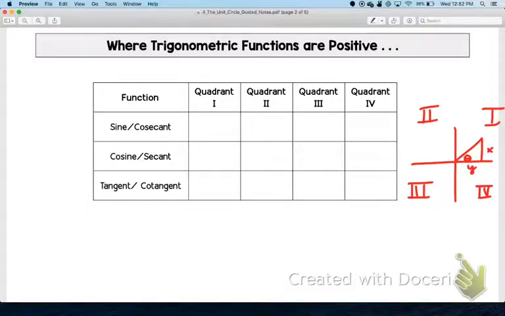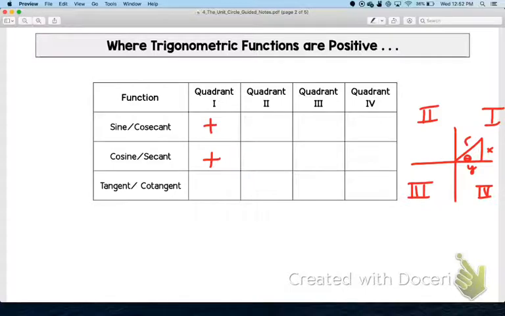Notice in quadrant 1, both my x and my y are positive, right? So if I were to do a sine, it would be a positive y over a positive r, which would be positive. Okay, which, since they're reciprocals of each other, sine and cosecant go hand in hand. Cosine is positive x over positive r, so it would be positive.